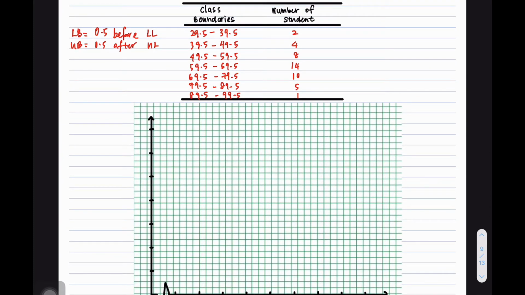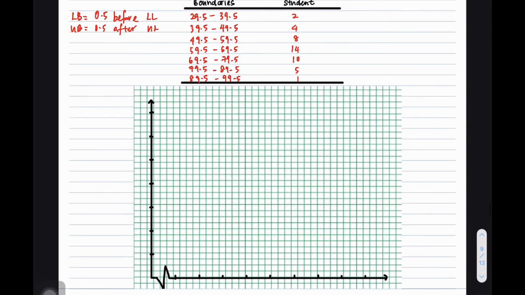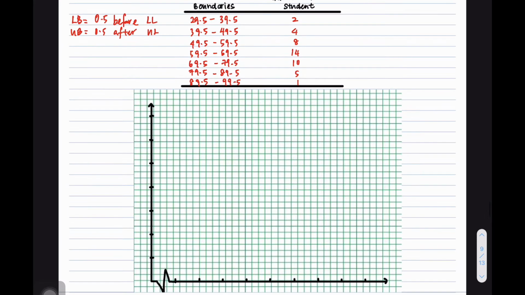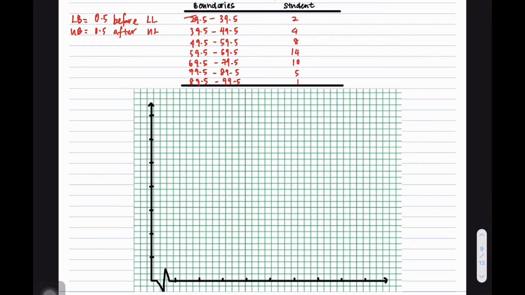So we can start to construct our histogram because we already have our class boundaries and also the frequency of each class. Okay, so you see here, you have the graph paper. How to construct a histogram? Our first lower boundary will be 29.5, which is not 0. So we need to put 29.5, let's say I put it here. Means that before 29.5 you need to put a line here to represent that there is a break before that.